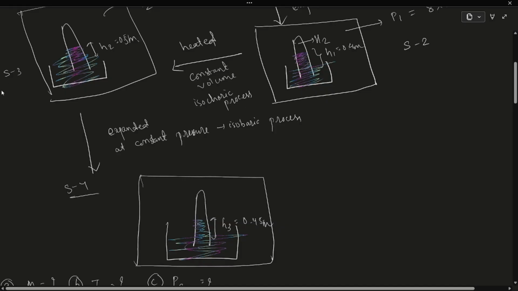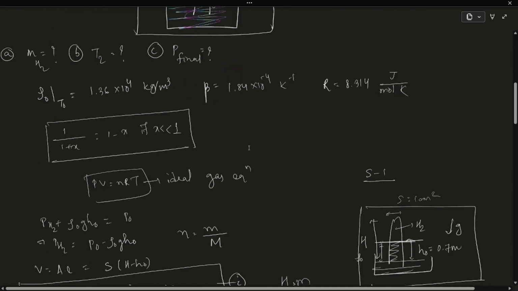So the pressure in scenario 3 is equal to the pressure in scenario 4. So there is no need to write the ideal gas equation in scenario 4; we could use it to find other parameters like volume or temperature.